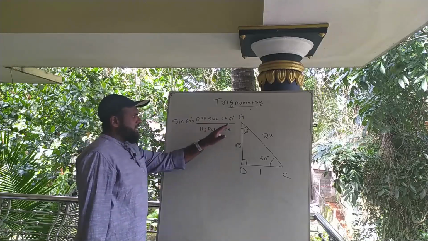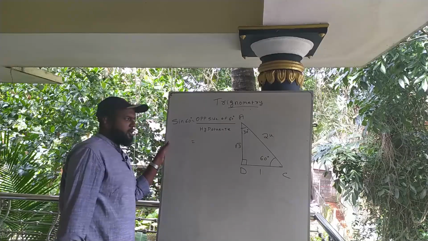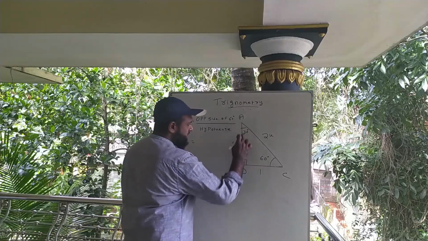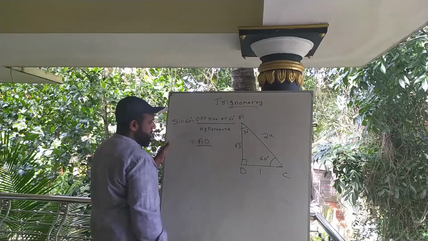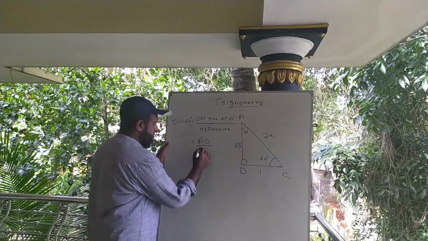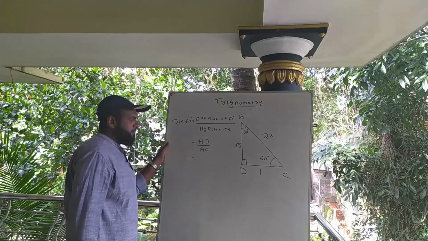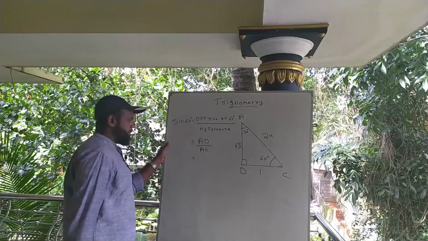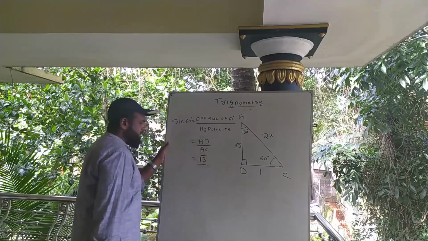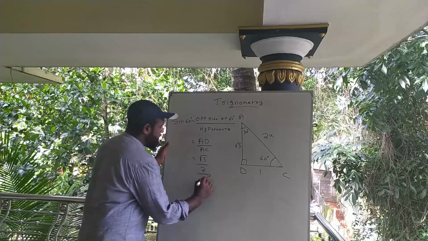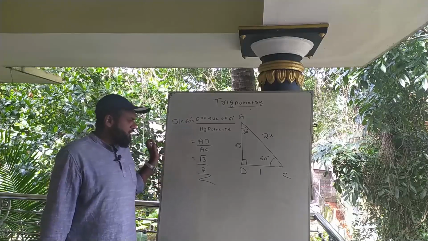What is the opposite side of 60 degree? That is AD by AC. Here we know that AD is root 3 and AC equal to 2. So, sin 60 equal to root 3 by 2.